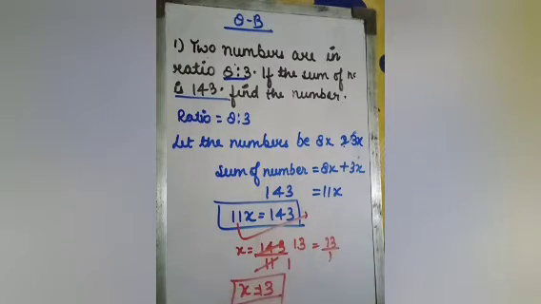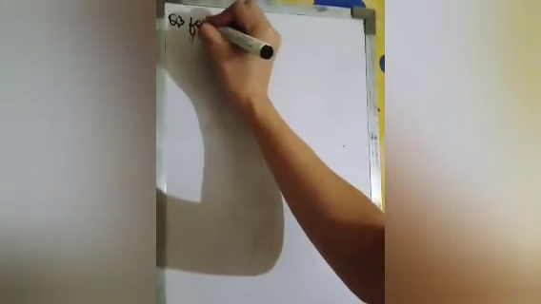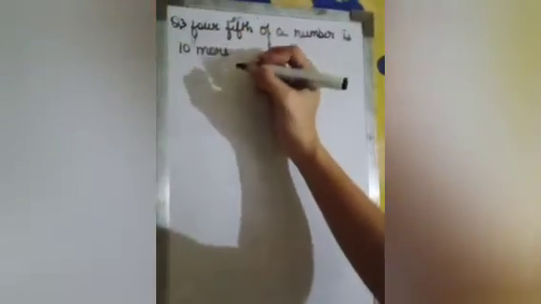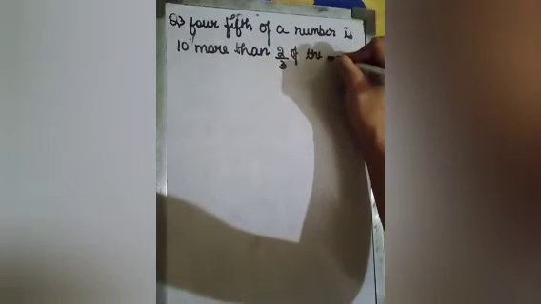Right? Now let's move on to question number 3. Question number 3 says four-fifths of a number is 10 more than 2/3 of the number.